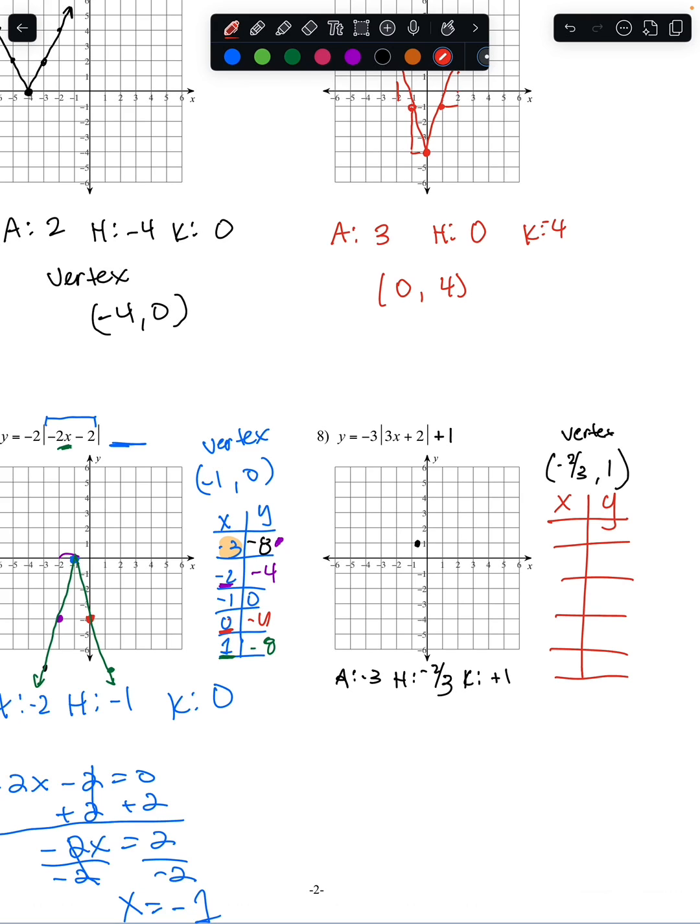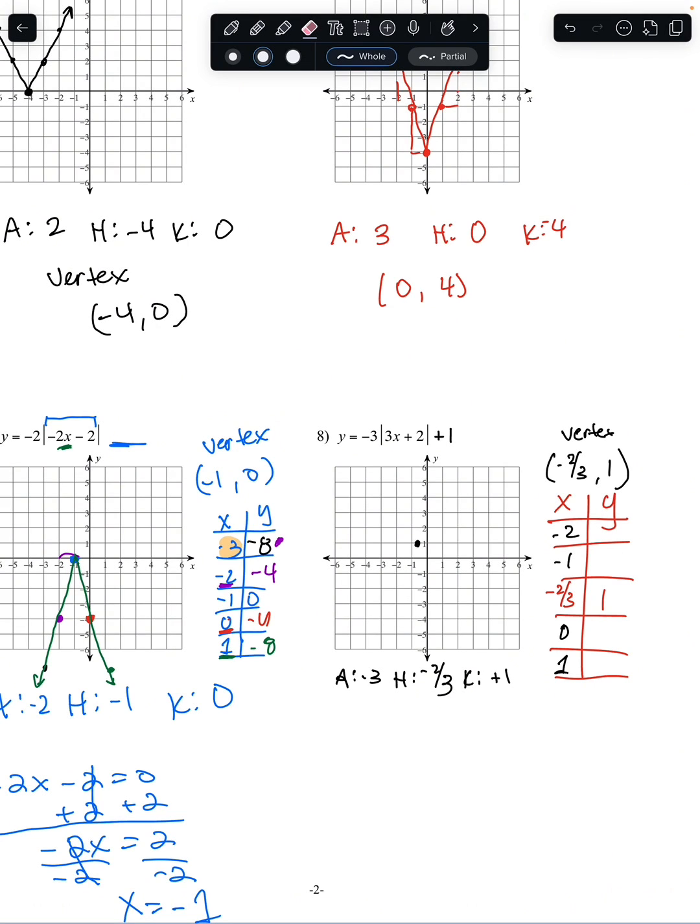We want to put our vertex in the middle. And then we want to find the points of the whole numbers to the left, which is going to be -1 and -2. And then we want to find the whole numbers to the right, which is 0 and 1.